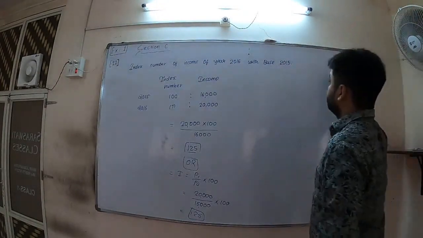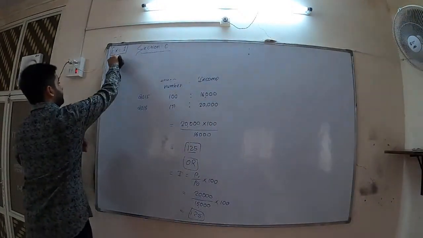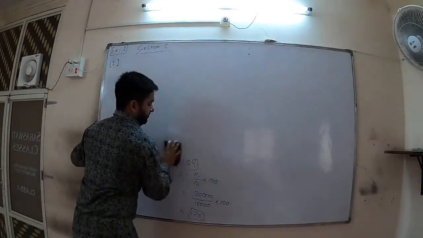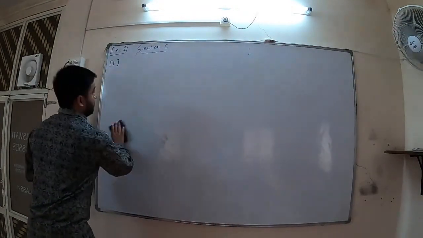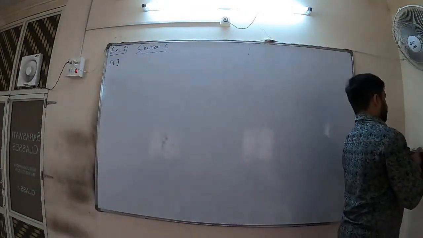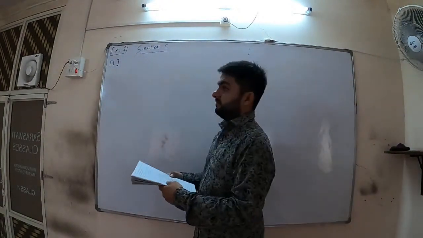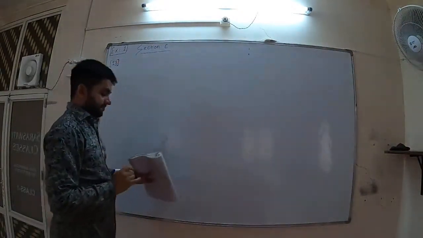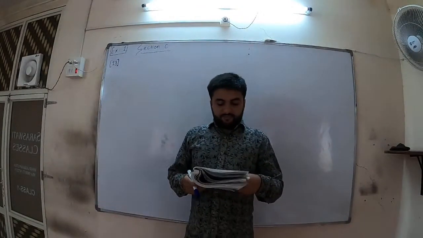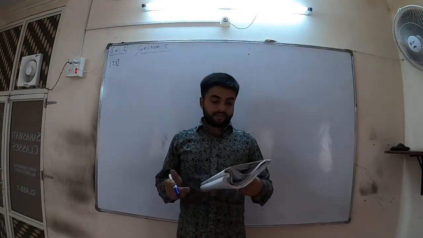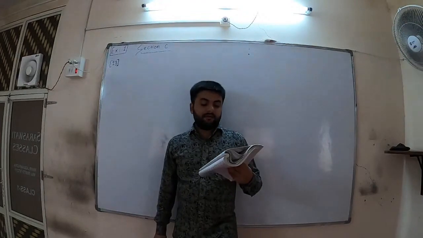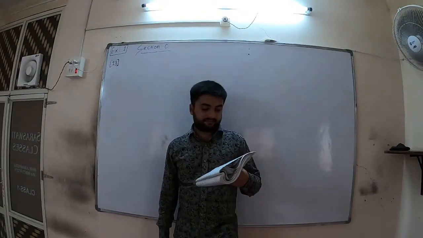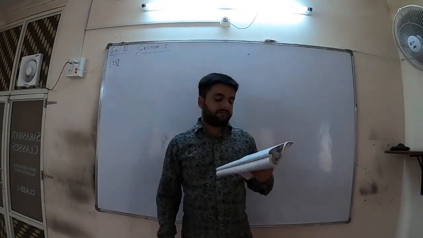Okay, now 13th sum. If the production of an item increased by 9 divided by 5 times in the year 2016 compared to the base year, find the index number of production of year 2016.